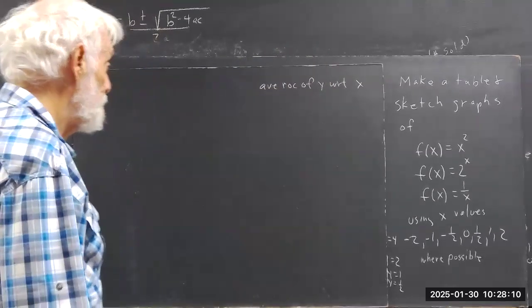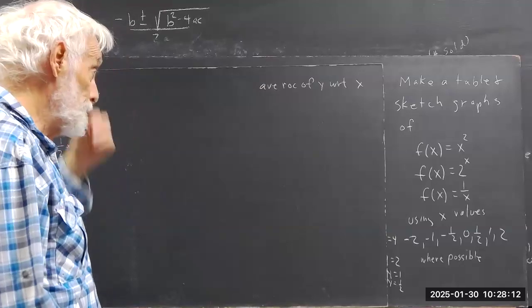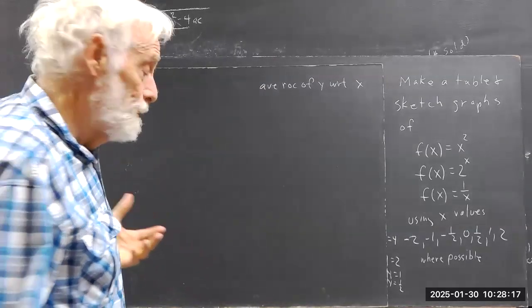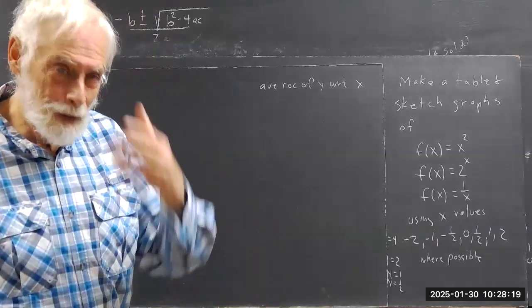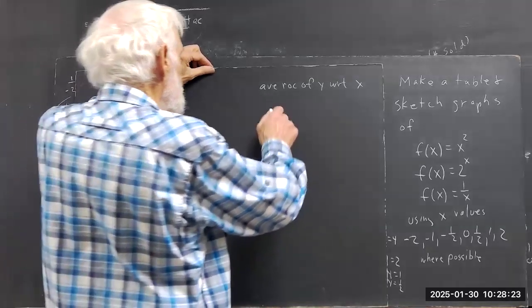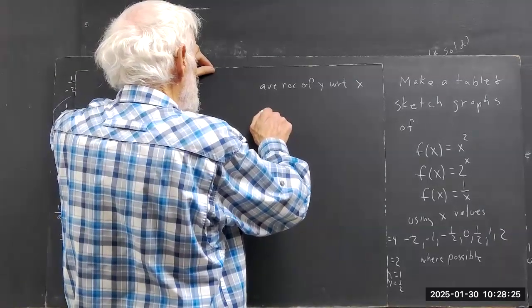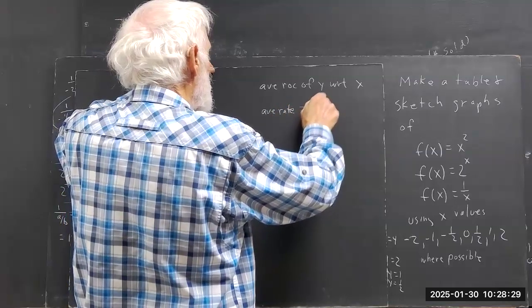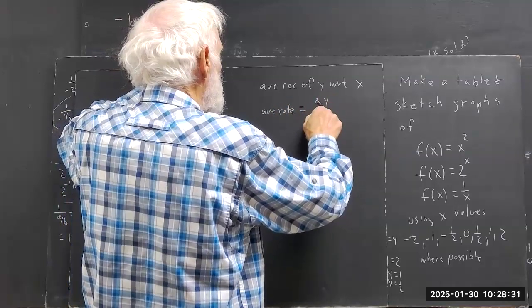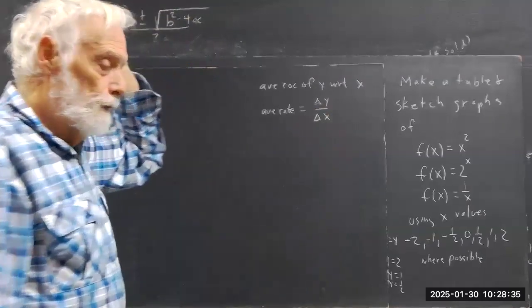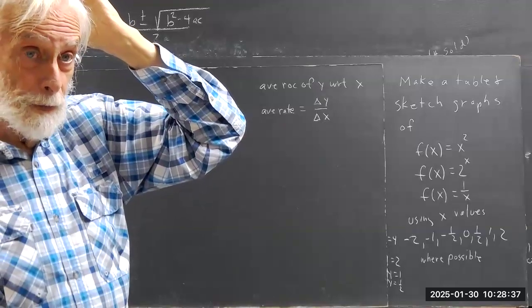You know, we use that terminology last time, so it should be passingly familiar. And I'll keep saying it, and eventually it'll sink in. The only average rate is total y over total x, right?